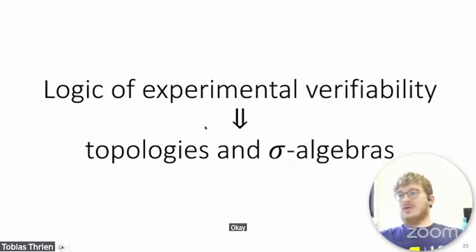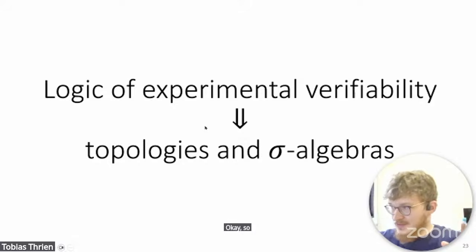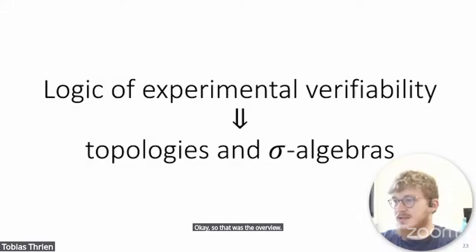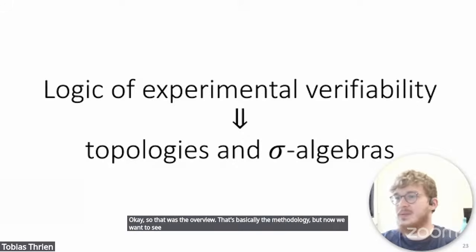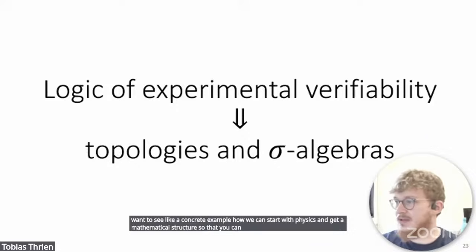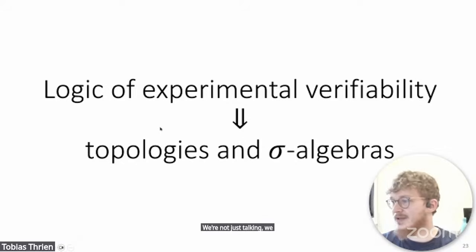Okay, so that was the overview. That's basically the methodology. But now we want to see a concrete example of how we can start with physics and get a mathematical structure, so that you can see that we are not just talking. We have actual examples of this working.